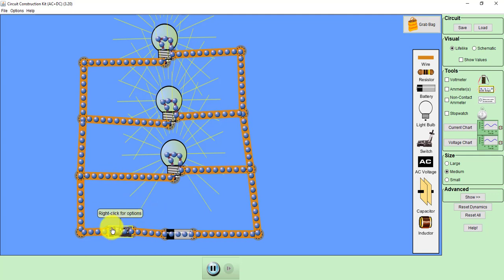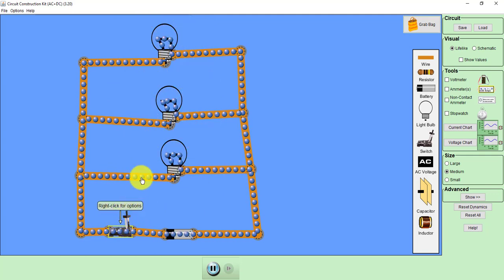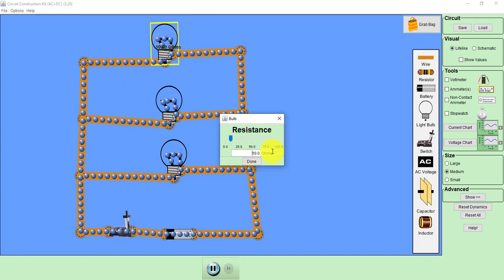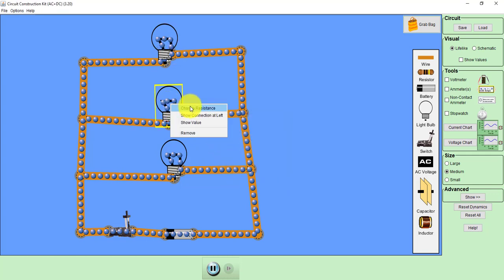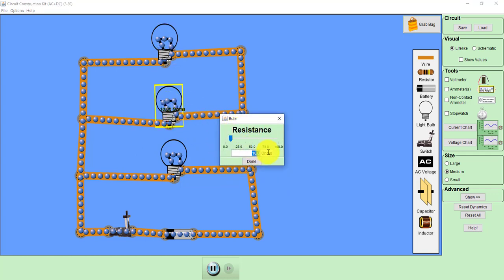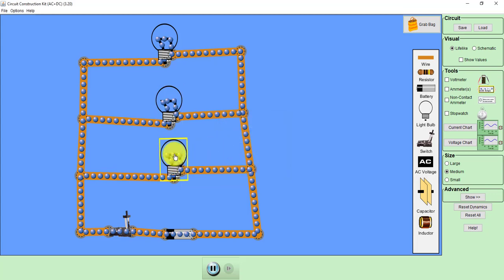Now let us adjust the values. For that, let us keep resistance of first bulb as say 50 ohm. Let us keep resistance of second bulb as say 80 ohm. Some random values I am taking. Let us keep resistance of third bulb as 100 ohm.